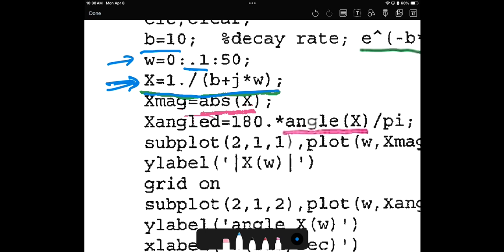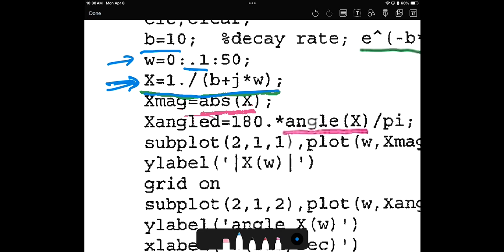So how can I plot a complex number? When you have a complex number, you plot the magnitude alone and the angle alone. So there will be one plot for the magnitude and one plot for the angle. Later, when we discuss the Bode plots, most likely we will take the natural logarithm of the magnitude and keep the angle. Anyway, we will discuss this later.